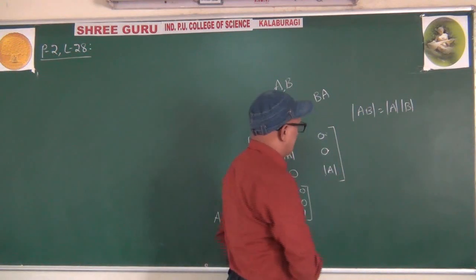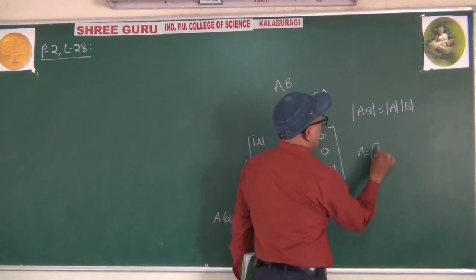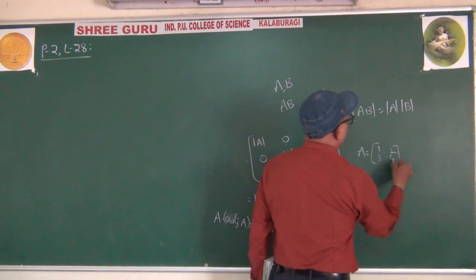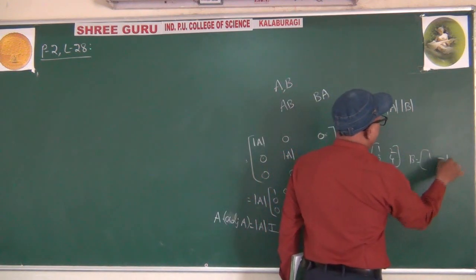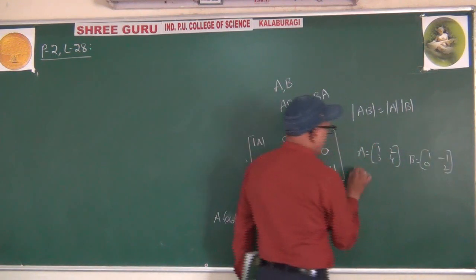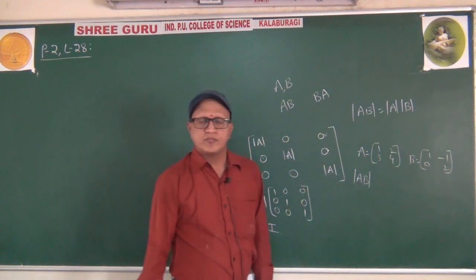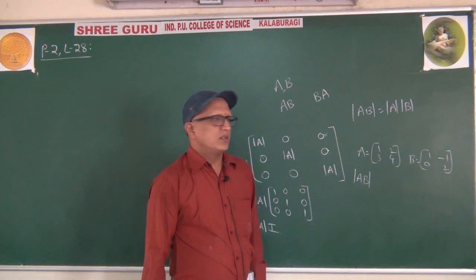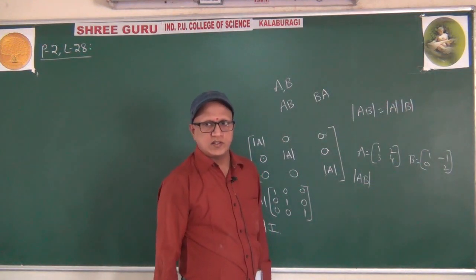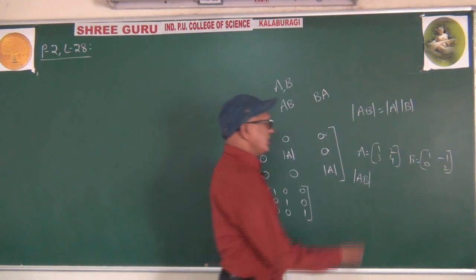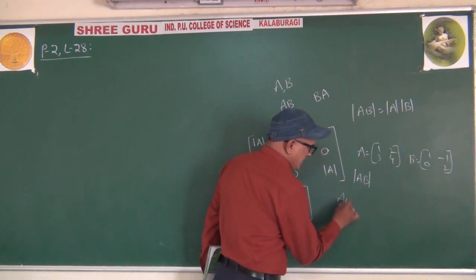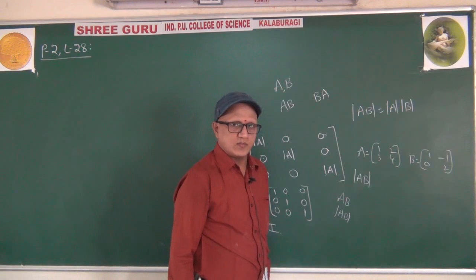For example, the question will be: capital A equal to 1, 2, 3, 4, capital B equal to 1, minus 1, 0, 2. Find the determinant of AB. There are two ways to find this. Determinant of AB means you find AB first, then its determinant. That is one method.